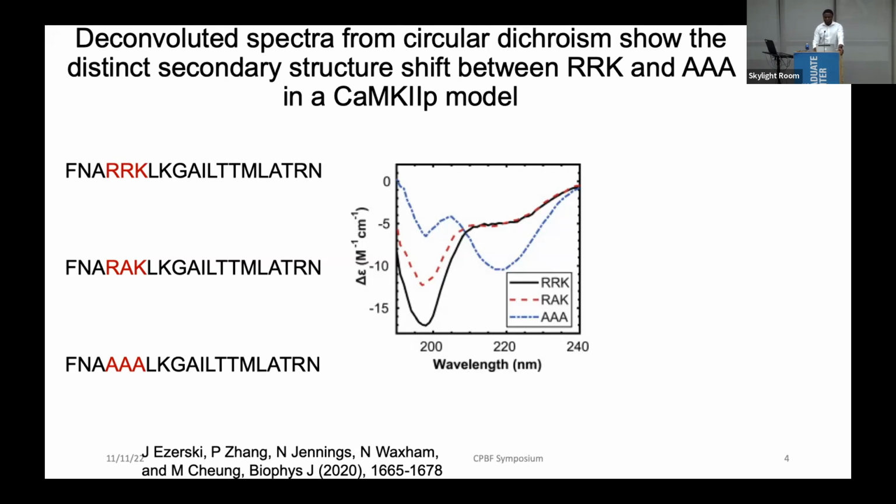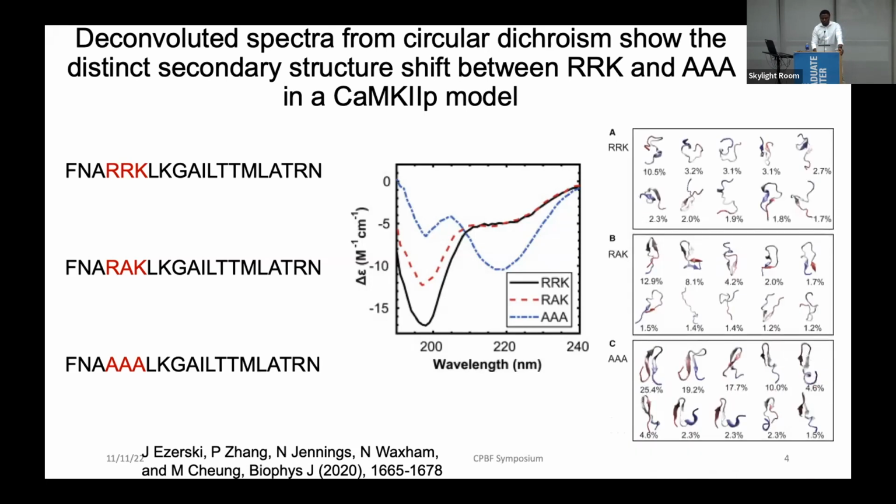This has been confirmed using the all-atomistic simulations, where I'm showing here the 10 most populated conformations for each peptide. As you can see, the peptide with triple mutation is dominated by this beta hairpin structure, as compared to the wild type peptide, which is dominated by the disordered structure.